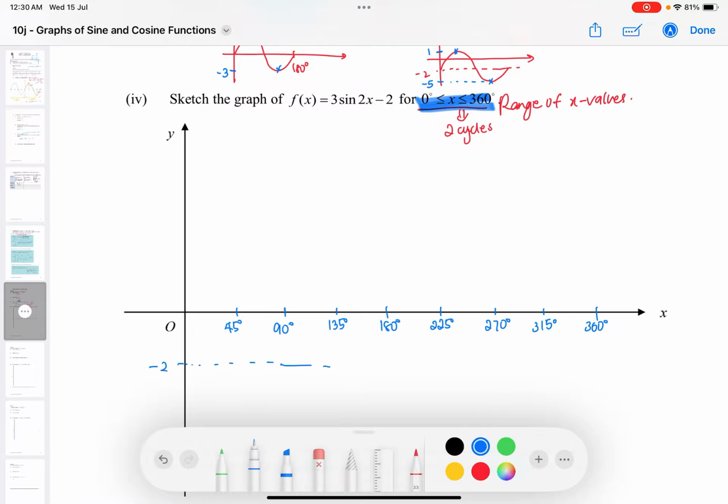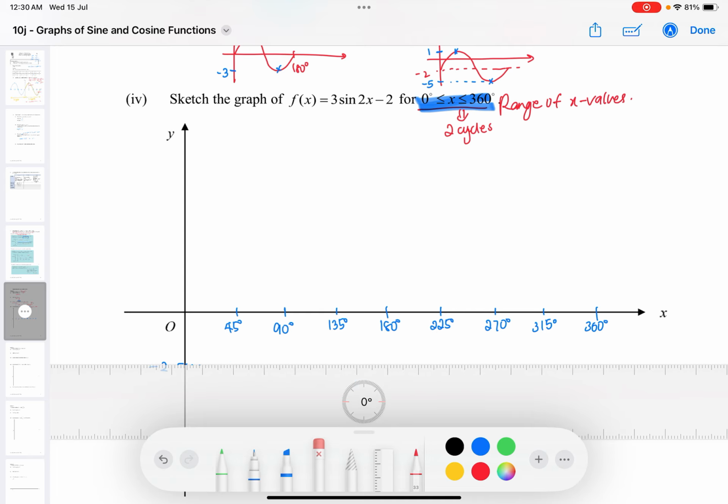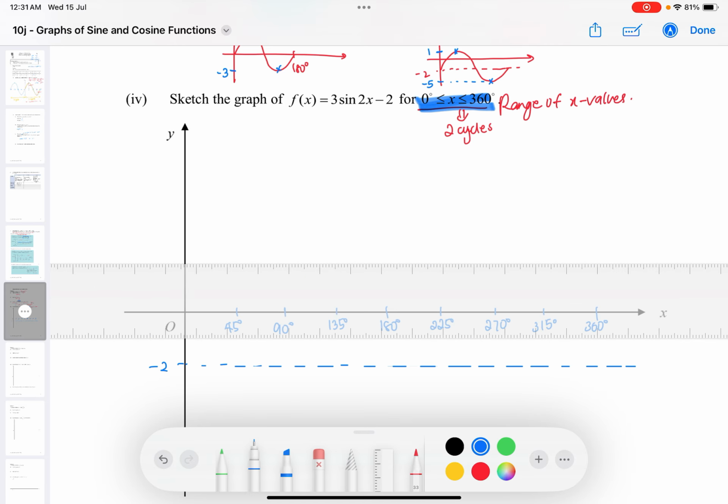So this part, maybe I should demonstrate using a ruler. Just draw dotted lines so that later on we'll be able to draw clearly.